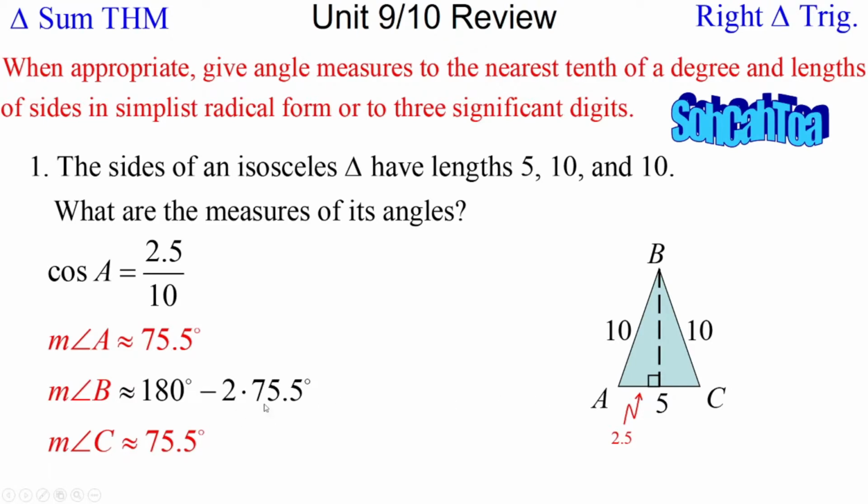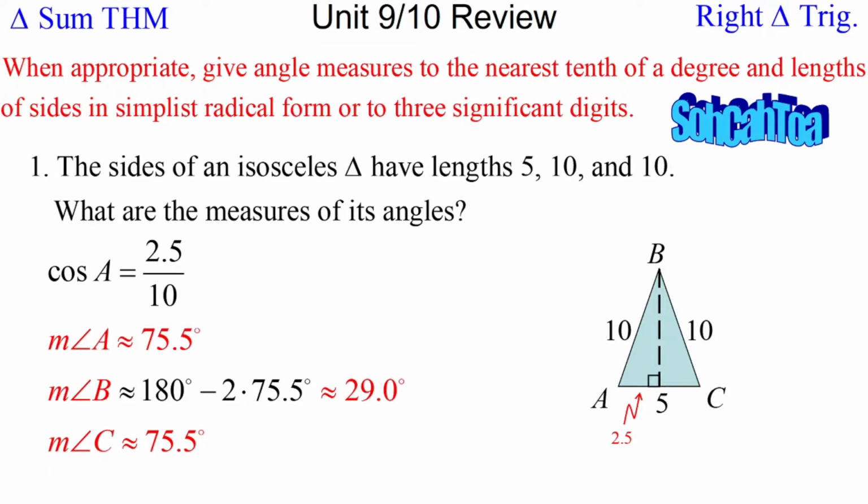Minus 2 times 75.5 degrees, and that's going to be approximately, well, let me see, that would be 180 minus 151, which would be 29 degrees. And I wrote that 29.0 degrees to round to the nearest tenth. If you put 29 degrees right there, I'd give you full credit. And that's how you do that with right triangle trigonometry.